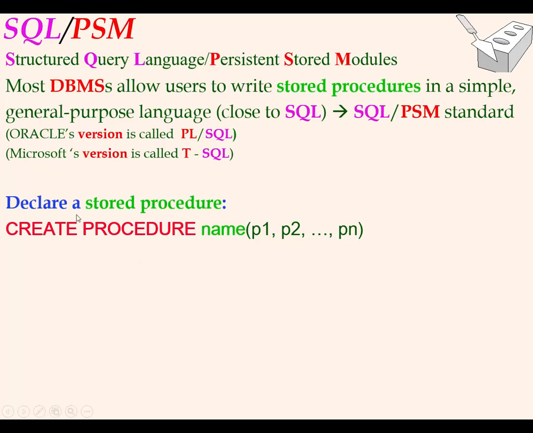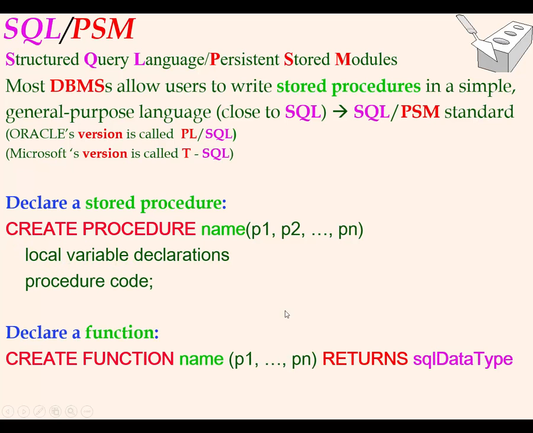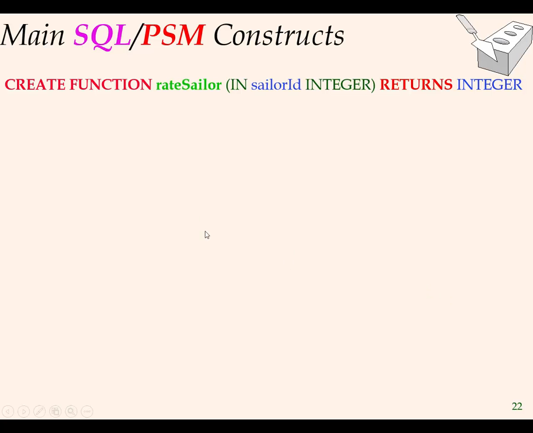In order to declare a stored procedure, you use the keyword create procedure. That's the name, and these are the parameters. You declare your local variables, and then you have the code. To declare a function, you say create function. That's the name, and of course the function is going to return something. And again, the local variables and then the code.